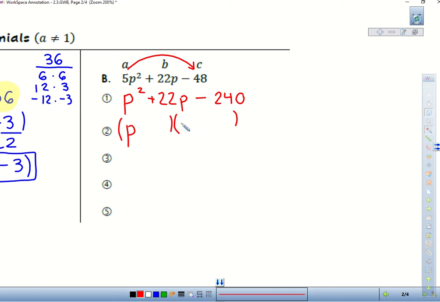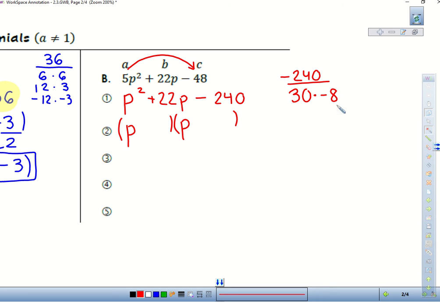Now we're going to be looking for factors of negative 240 that will add up to 22. So this one's a little bit more tricky, but I'm going to divide negative 240 by 30, okay? And when I divide it by 30, that gives me negative 8.